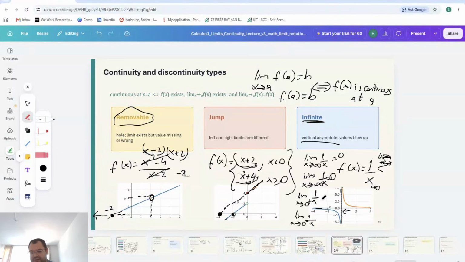When you invert it, you will end up with a very big positive number, which is plus infinity. Here you will end up with a very small negative number, something like minus 0.00000001, etc. And when you invert it, you will end up with a very big negative number, which is minus infinity.